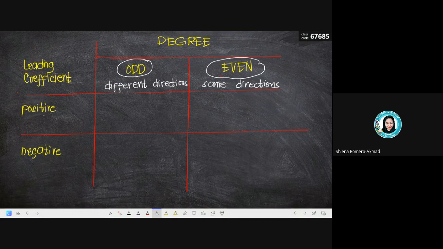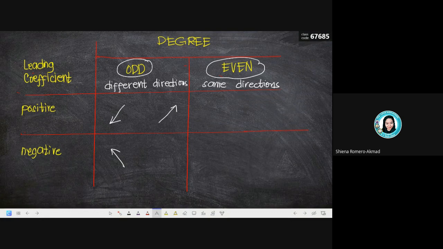Next, kapag positive, ang kailangan yung tandaan is sa kanan siya nagre-rise. Tumataas. While sa negative, sa left yung rising. So, syempre, magkaiba na sila ng direction.